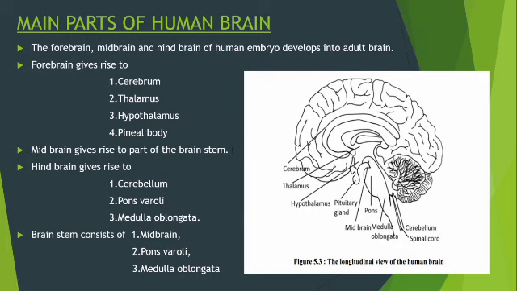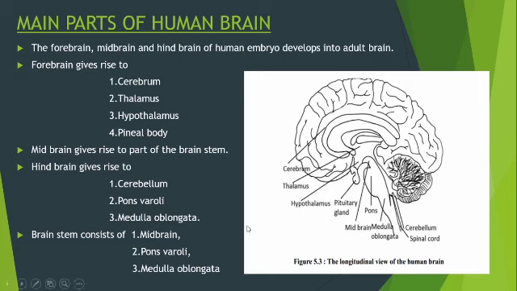Now let's learn about the main parts of the human brain. The forebrain, midbrain, and hindbrain of the human embryo develop into the adult brain. The forebrain gives rise to the cerebrum, thalamus, hypothalamus, and pineal body. Actually, the pineal body is a small gland which is located on the roof of the third cerebral ventricle.